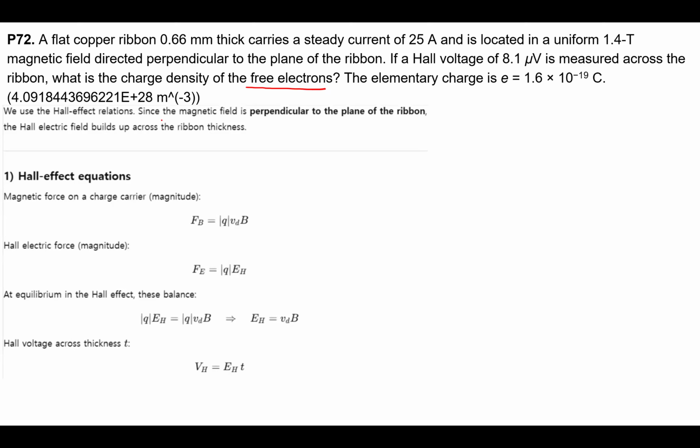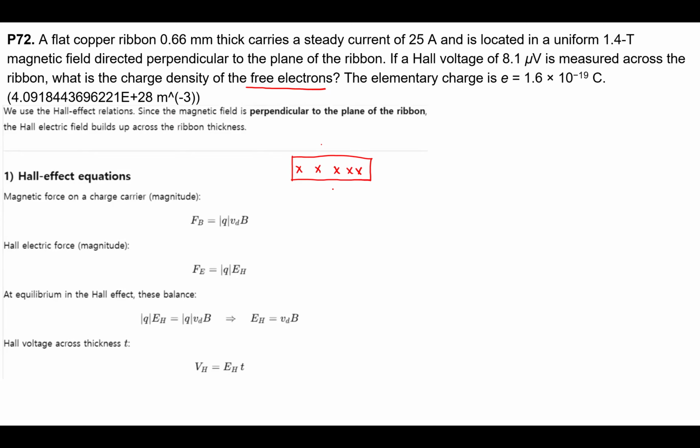So Hall effect relationship, so that we have some ribbon. Okay. And then there is a magnetic field. Okay.